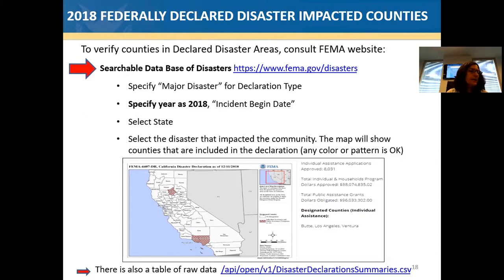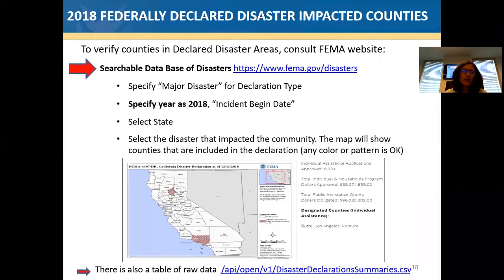And obviously for 2018, you're looking at 2018 disasters. To note, it is possible that a disaster that occurs at the end of 2018 might not actually be declared till the next year. So you might not even see that declaration until the next year. But you want to specify when the incident began. And for 2018, please specify 2018, whatever state you want to look up.